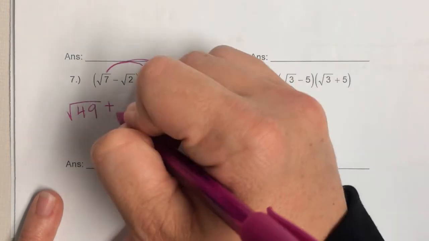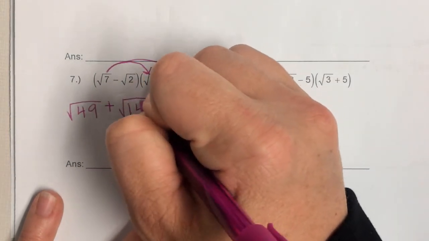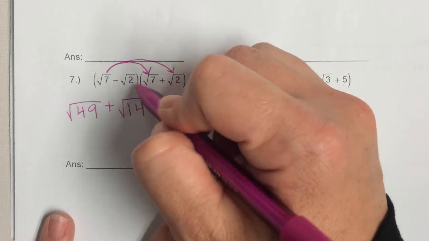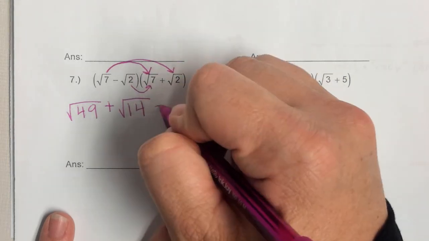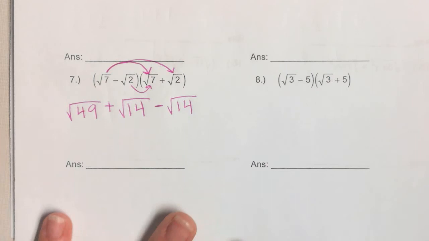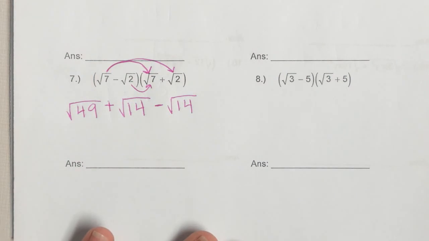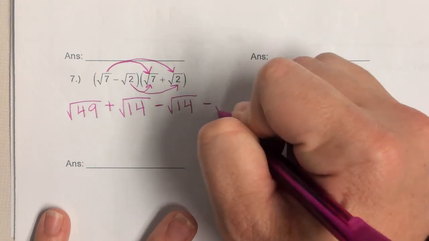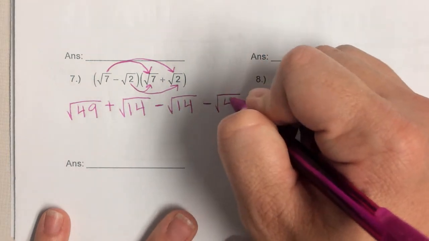And what's 7 times 2? 14. Okay, and then I have a negative times a positive, which gives me a negative. 2 times 7. And then again, I have a negative times a positive. And 2 times 2 is 4.